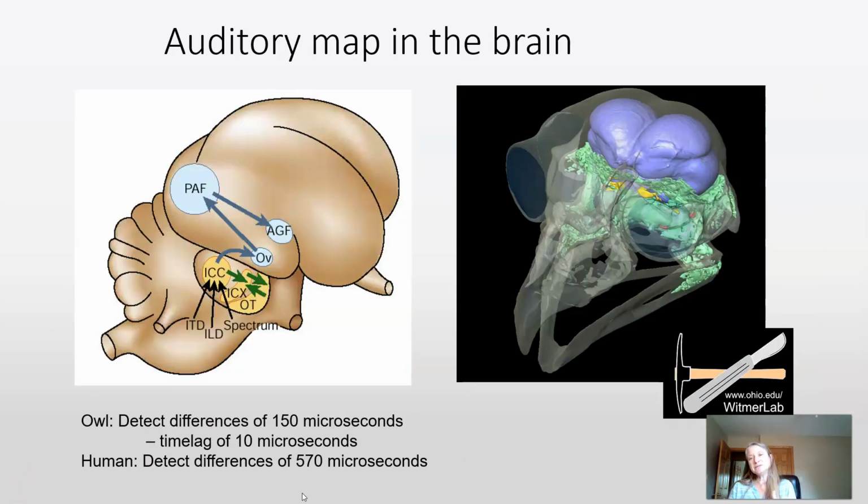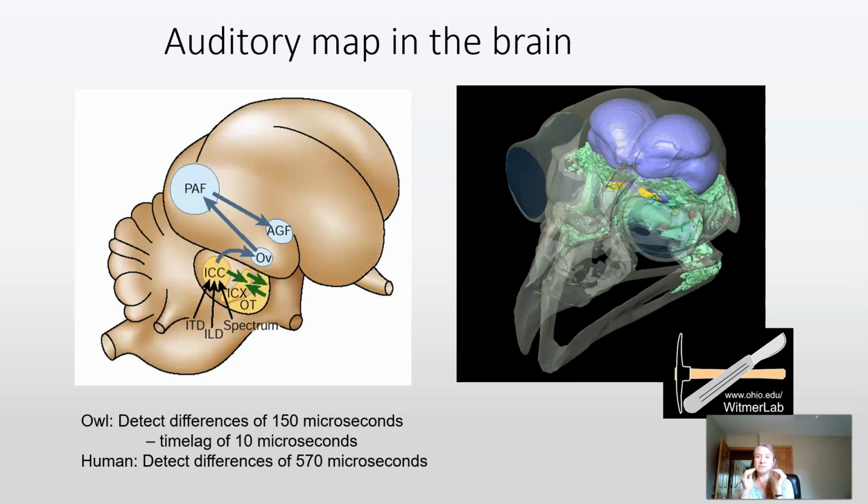Okay, so in the notes of this slide, there's more information, basically copied from the figure legend. But here, what I want you to think about, again, is a scan of an owl from the Whitmer lab, highlighting some of these different areas of the brain. Over here are some of the pathways for hearing. The big take-home message is that owls can detect differences of 150 microseconds with a time lag of about 10 microseconds.